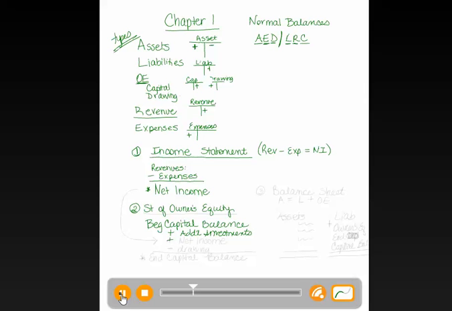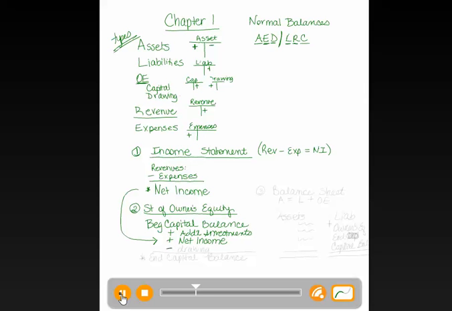And then you're going to add net income. Very important that you know that net income increases owner's equity. And you find net income by creating that first financial statement, and then you're going to plug it in here. So you actually use the data from the first financial statement to create the second financial statement.